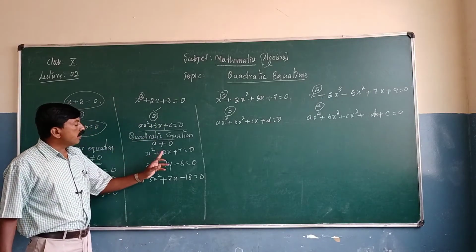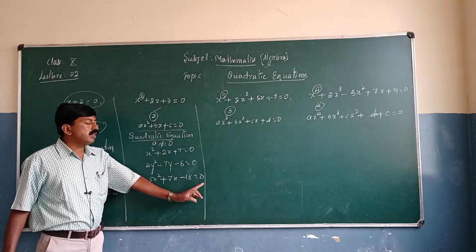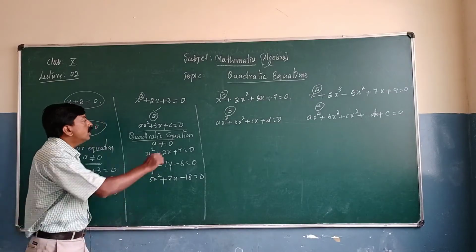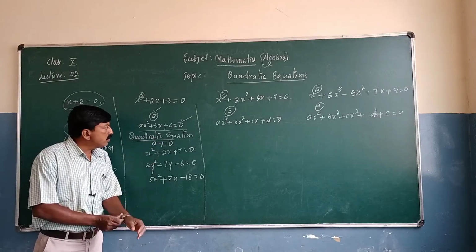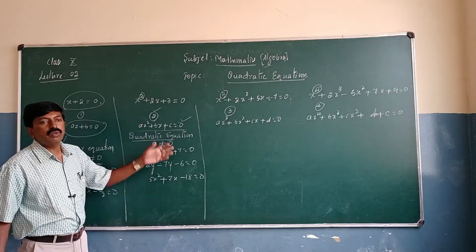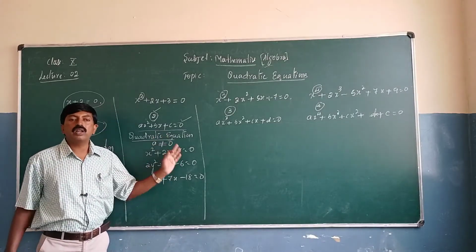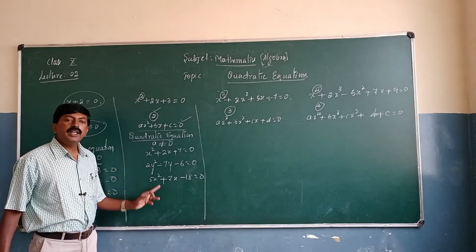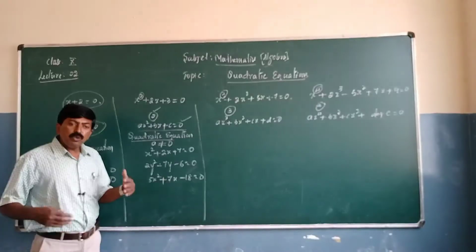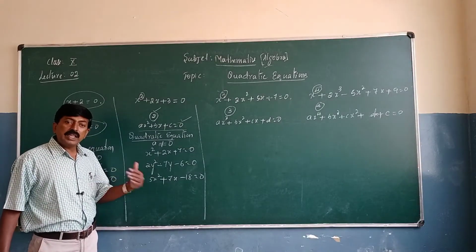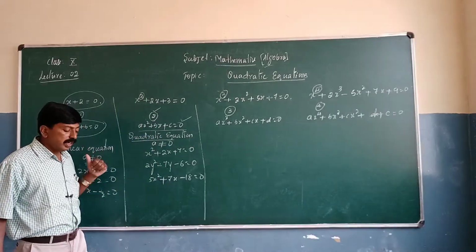Observe here: x square, x, constant; y square, y, constant; x square, x, constant, which must be equal to 0. The general form is ax square plus bx plus c equal to 0. Such types of equations are called quadratic equations. After the completion of this, you yourself have to write examples for quadratic and linear equations.